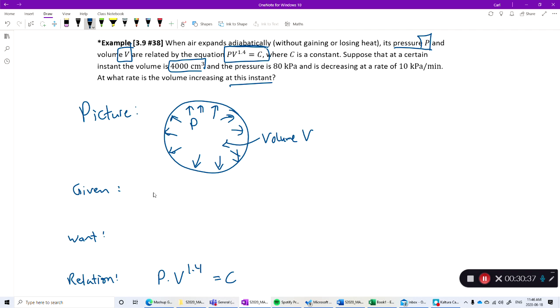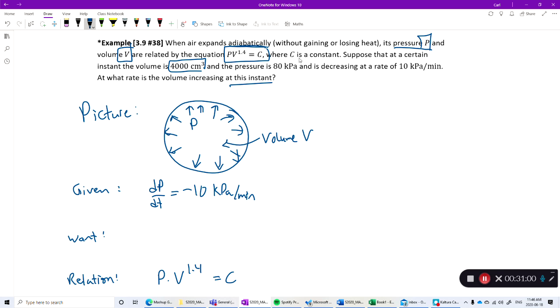What we're usually given is a derivative, as a time derivative. Suppose that at a certain instant the volume is 4,000 and the pressure is 80 and is decreasing at 10. So we're given that the pressure, dP/dt, is decreasing at 10 kilopascals per minute.